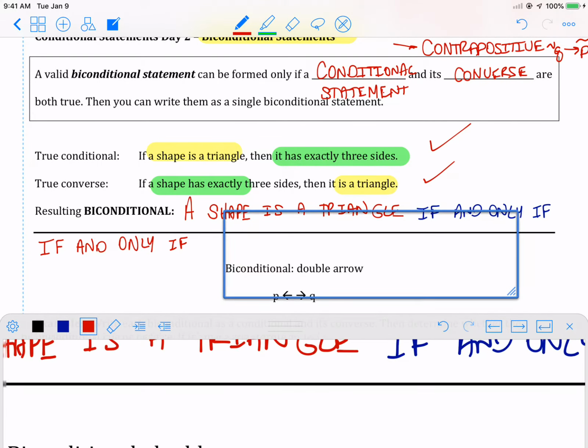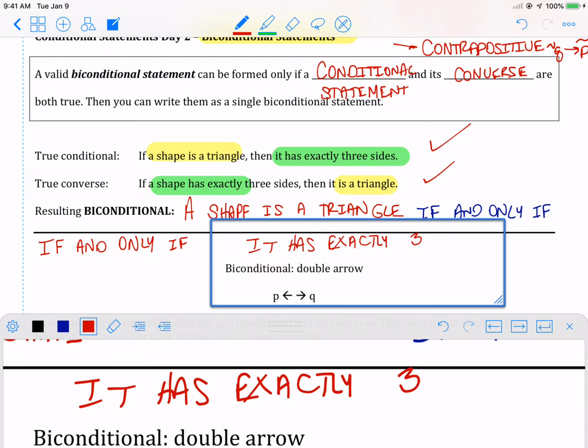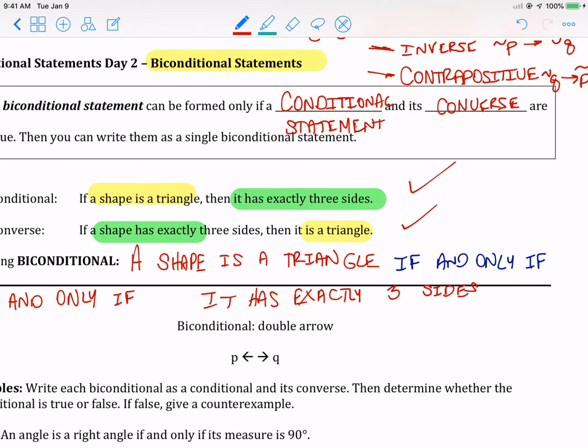And then we get it has exactly three sides. So notice that the if and the then are gone, and it got replaced by that statement in blue. If and only if.